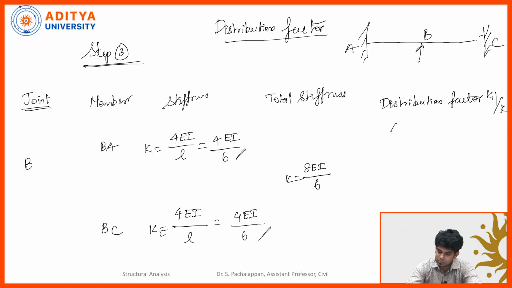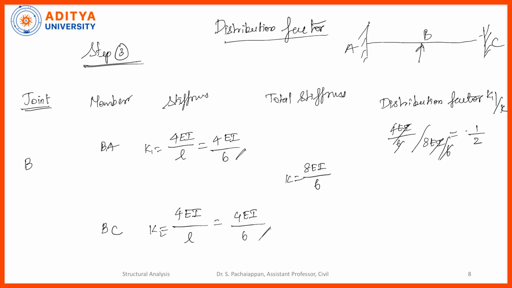So K1 is 4EI by 6 divided by 8EI by 6. So these parameters will get cancelled. Finally, we will have 4 by 8, which is 1 by 2.